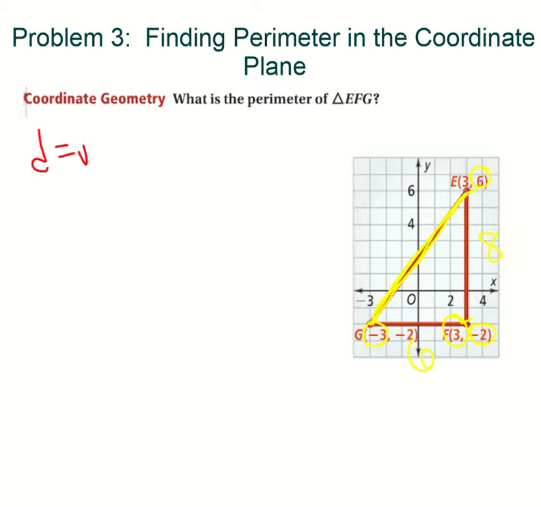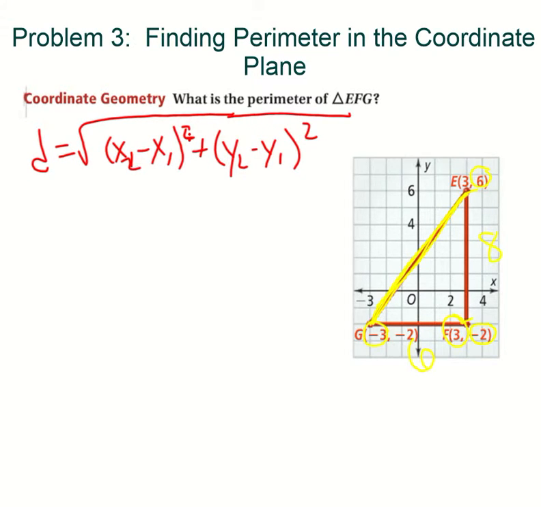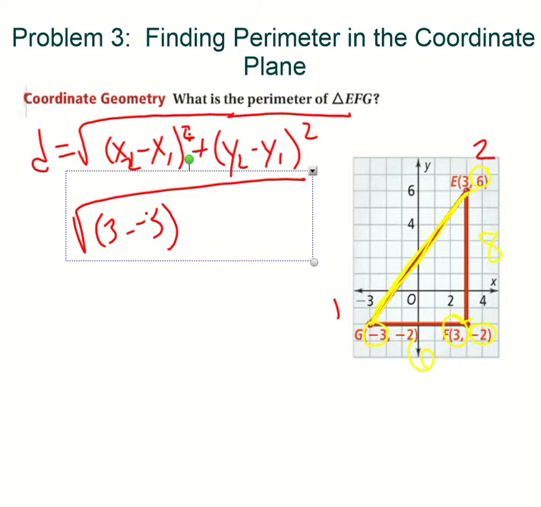D equals the square root of x2 minus x1 squared plus y2 minus y1 squared. We plug in all those values, and we'll call G point 1 and E point 2. We've got the square root of 3 minus -3 squared plus 6 minus -2 squared.